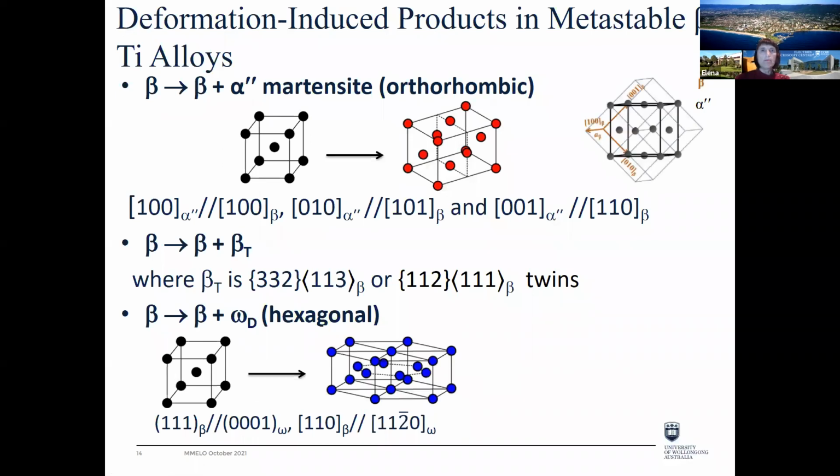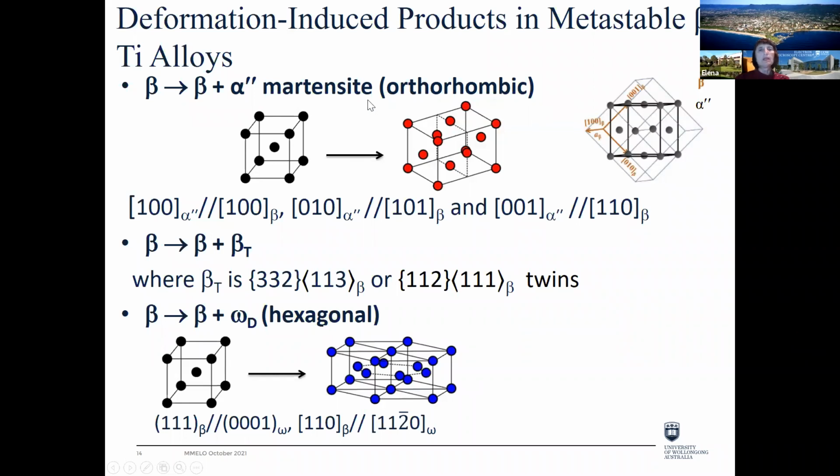So what mechanisms could operate during deformation in these materials? The first I will talk about is the formation of alpha double prime Martensite with an orthorhombic lattice.